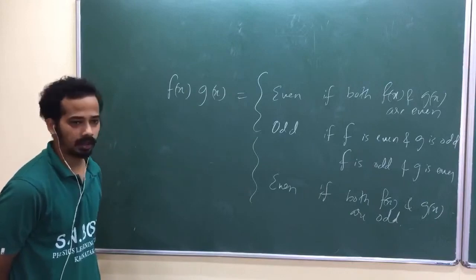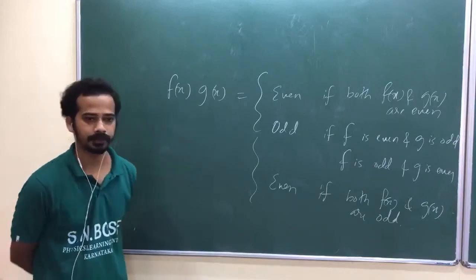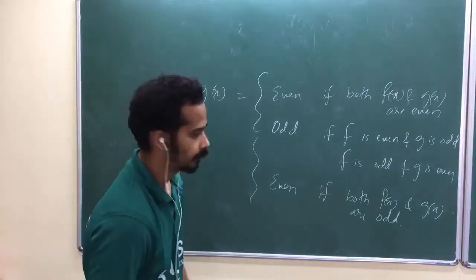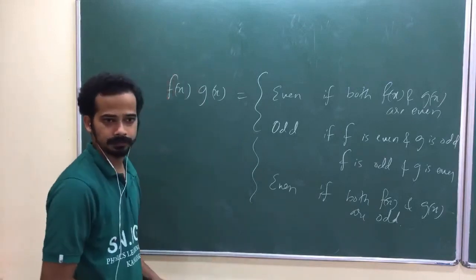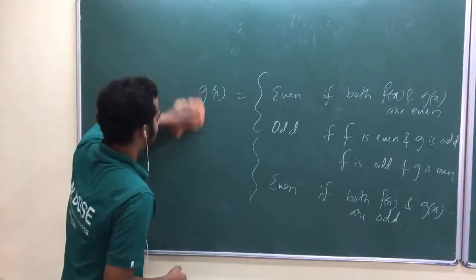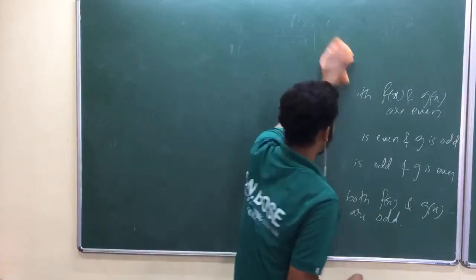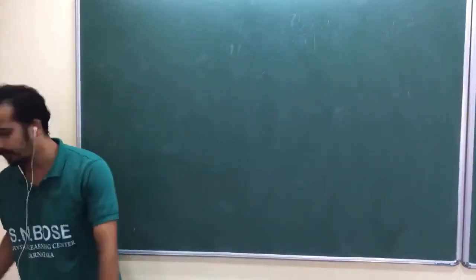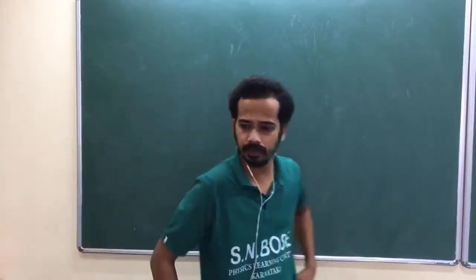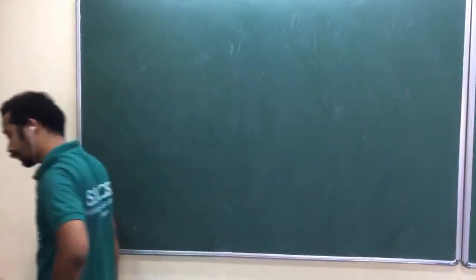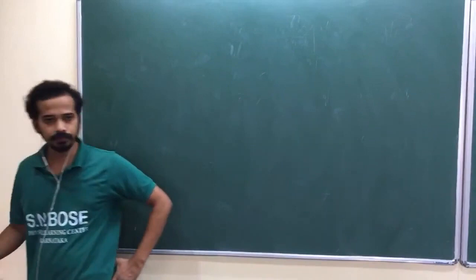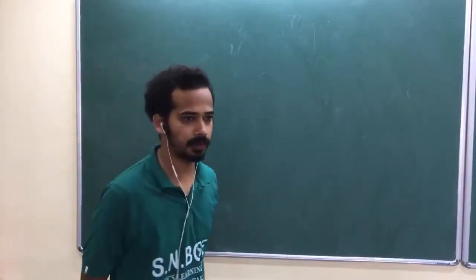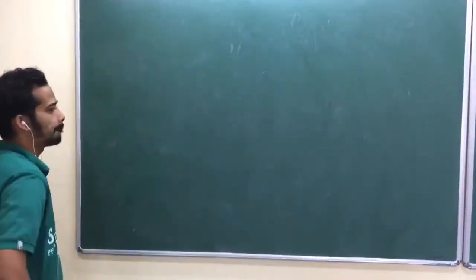It is odd if one is even and the other is odd. Is that okay? So try to grab this idea. Again, I don't think you have to write this one, but you should have this idea. Even function into even function is even function. Odd function into odd function is even function. Odd function into even function is odd function. Is that okay like that? Yeah.